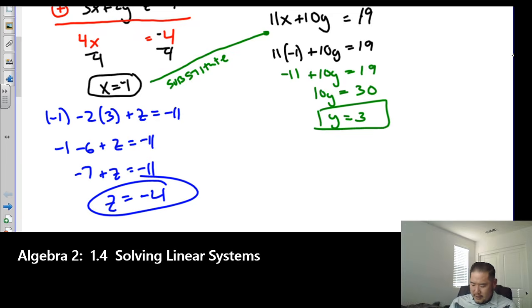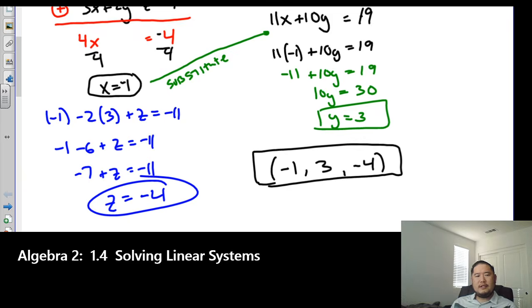What they're saying is that these functions are intersecting at 3 points, x, y, z, or at the coordinate. So we want to make sure we write it as an ordered pair. We got negative 1 for x, 3 is y, and negative 4 is z. Okay? So there's your answer right there.